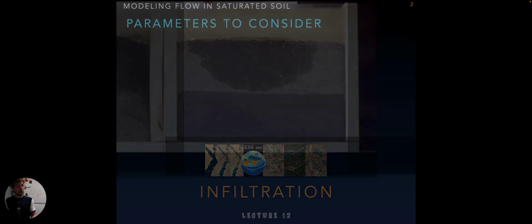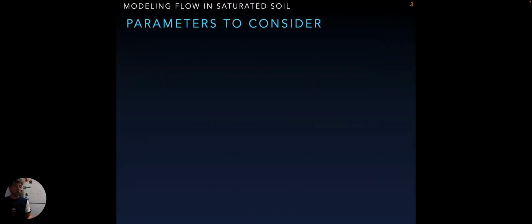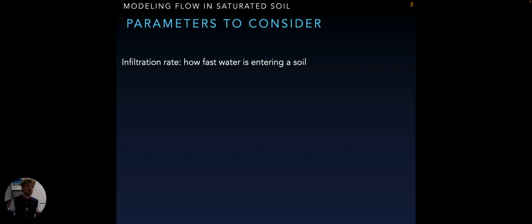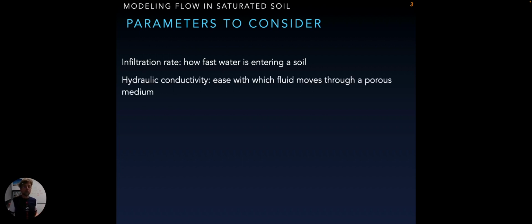In terms of parameters to consider, we need to look at what I already called the infiltration rate, which is how fast the water goes through the soil. This is in relation with what we call the hydraulic conductivity, which is how easily a fluid, such as water, will move through a medium, here the soil, that is porous, that has space between the particles that can be filled up with either air or water.